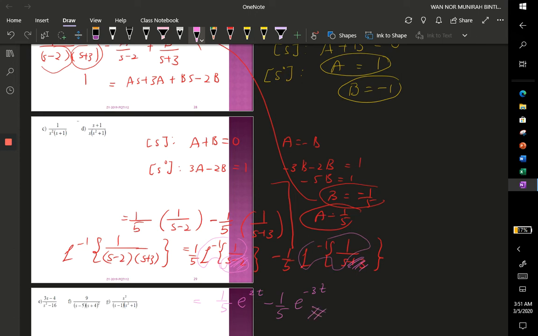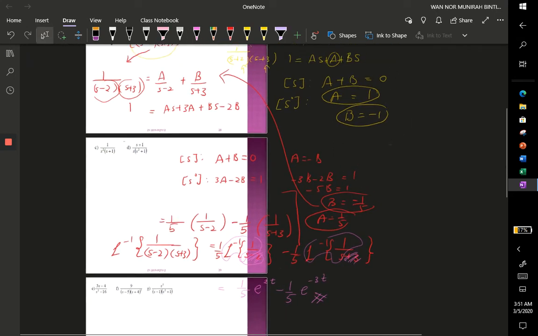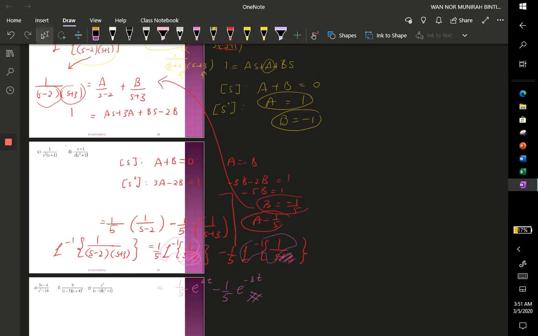Okay, so that is how we apply partial fractions to solve for the inverse of the Laplace transform. The first thing is you must have a rational function where the degree of your denominator is higher than your numerator, and then try to factorize your denominator.